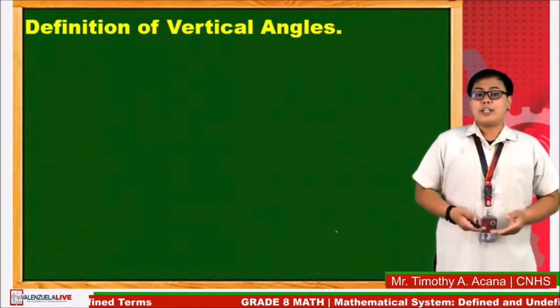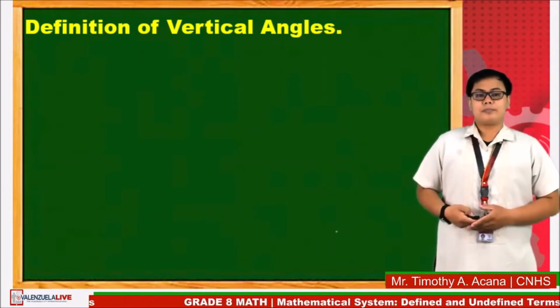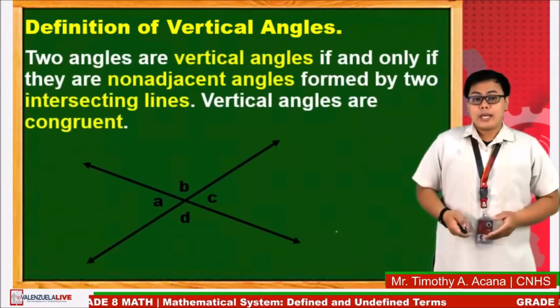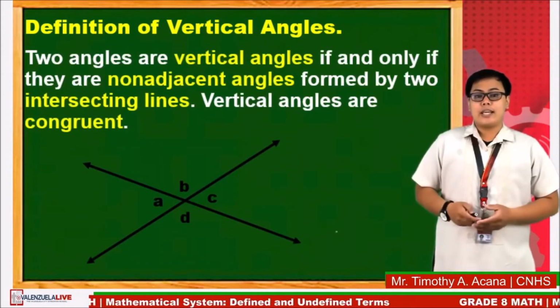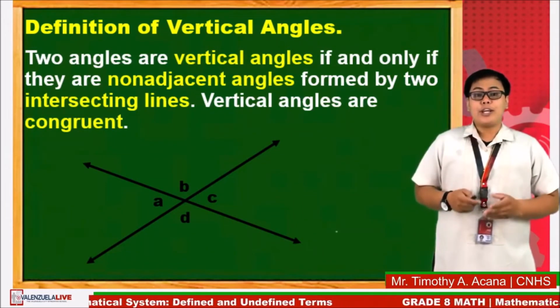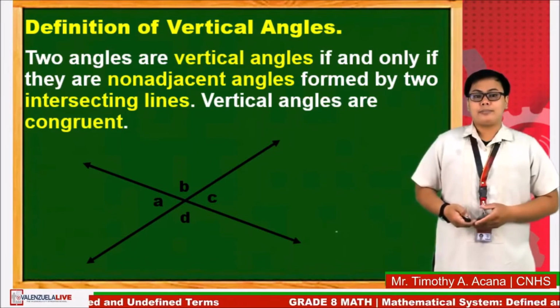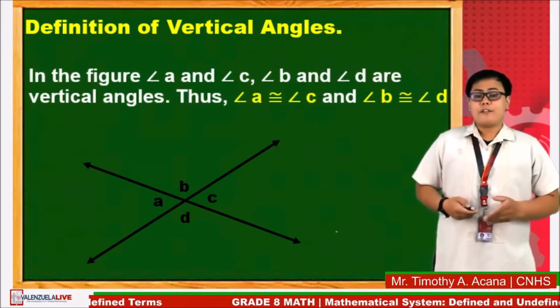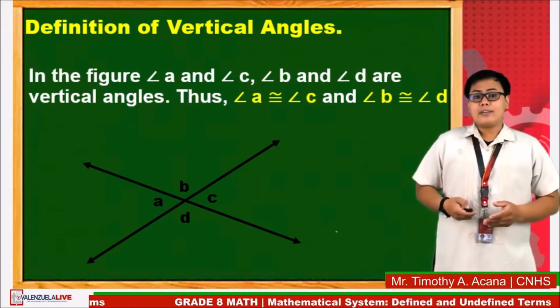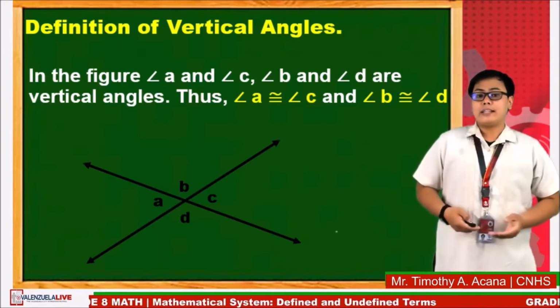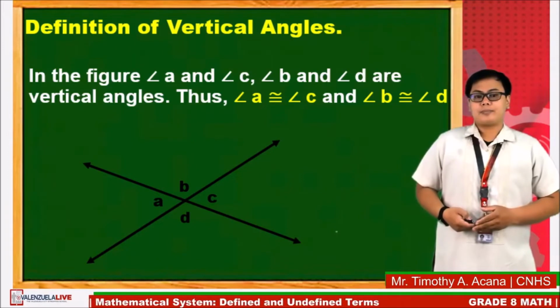Next is the definition of vertical angles. Two angles are vertical angles if and only if they are non-adjacent angles formed by two intersecting lines. Vertical angles are congruent. In the figure, angle A and angle C, angle B and angle D are vertical angles.